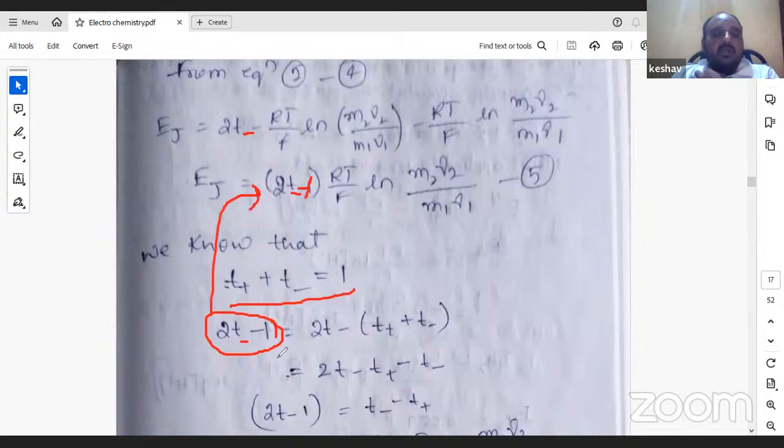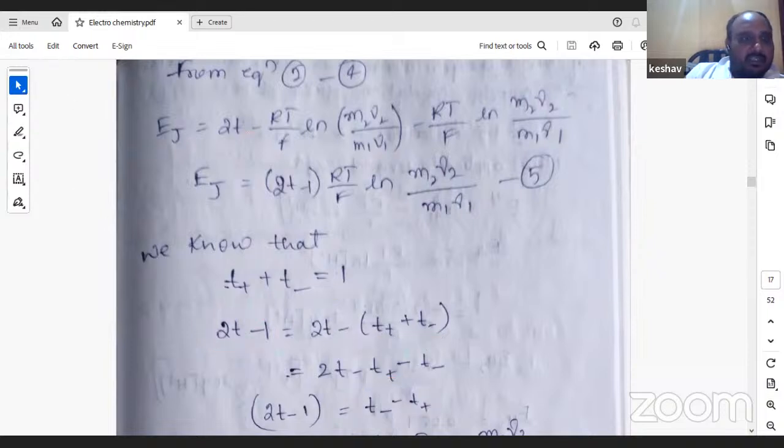In place of this, we write 2t minus of t plus t minus, because we know that t plus t minus is equal to 1. So 2t minus 1 means t plus t minus, t plus t minus. Therefore, we will get t minus and t plus. Not clear? I will write here, just see. This is the equation actually. In place of this, what we are going to write is 2t minus of t plus t minus, because we know that t plus t minus is equal to 1.